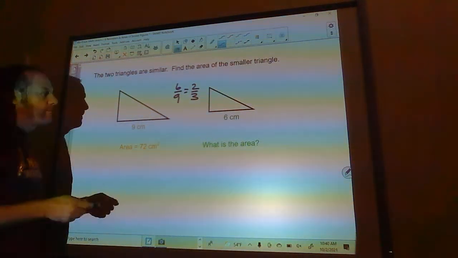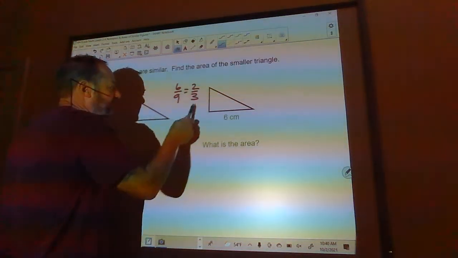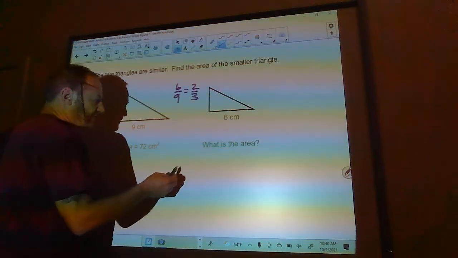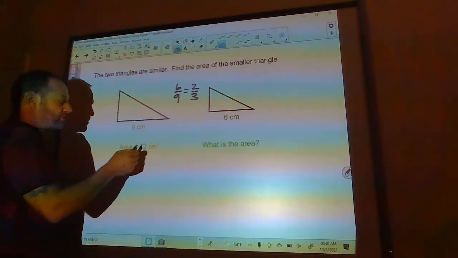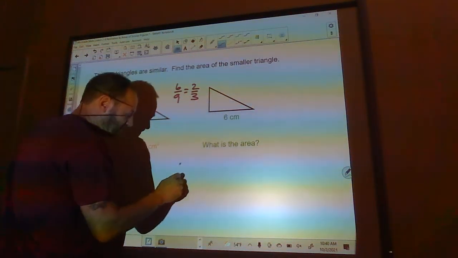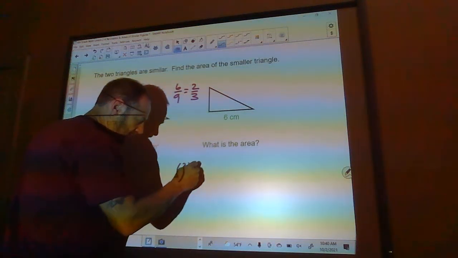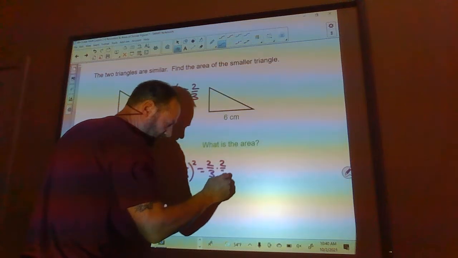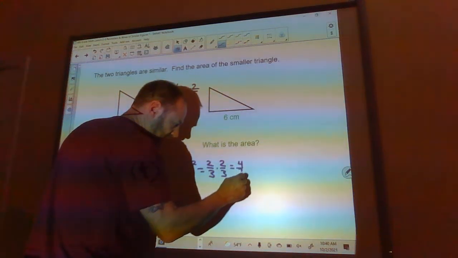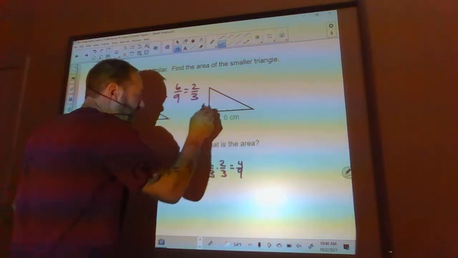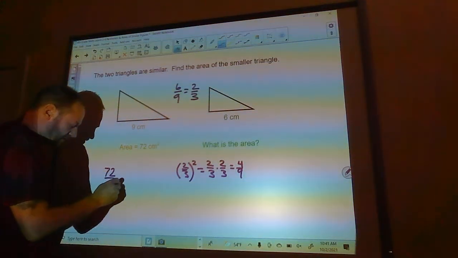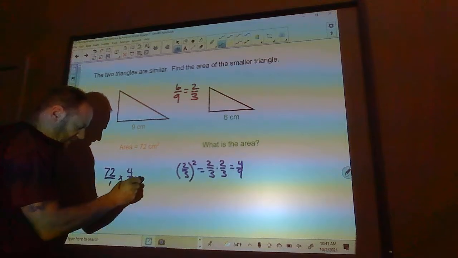So my scale factor is 2/3, which means the area of this one is going to be 2/3 squared times this. If I take 2/3 and square it, remember that's 2/3 times 2/3, which is 4/9. So the area of this one is going to be 4/9 of whatever that one is. So I can just take 72 over 1 times 4/9.